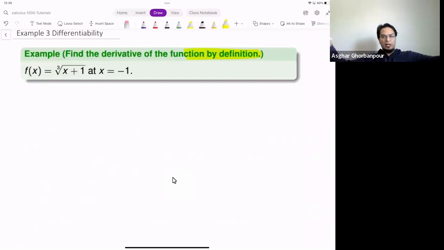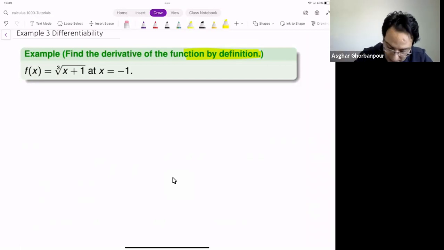Very soon we will learn tools of how to differentiate a function. But if an assignment asks you to use the definition, that means you have to go do the work, write the limit, and find the limit.